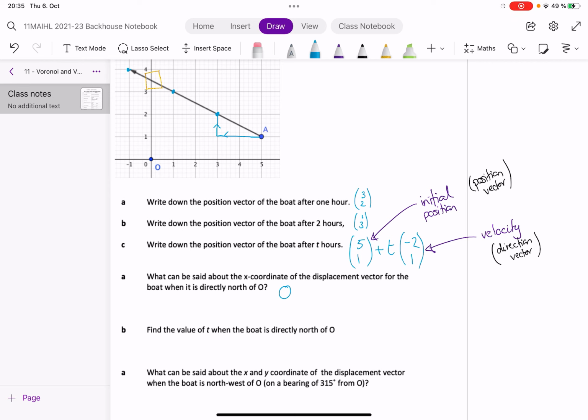We can say, if I want to find out when it's directly north of that, I'm going to take the x parts, 5 plus t times -2. I'm going to write that's 5 minus 2t. And we're saying that that displacement needs to be 0. So of course that lets us solve for time now. Time is going to be 2.5 hours.